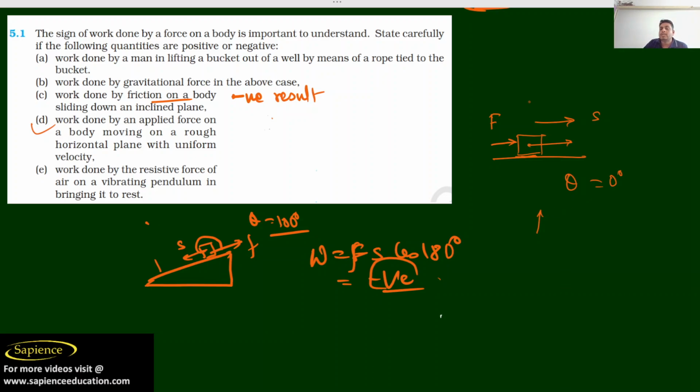Theta is 0 means the angle between this applied force and the displacement is 0. So work done will be cos 0 into F into S. So this will be a positive answer. Whatever the magnitudes of force and displacement, the final value you will get is positive.